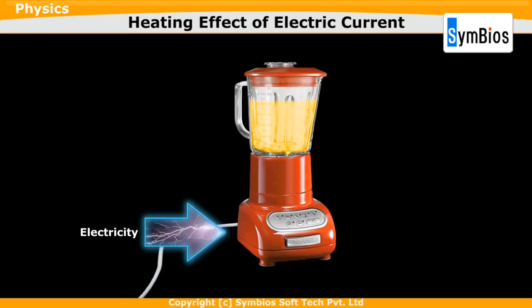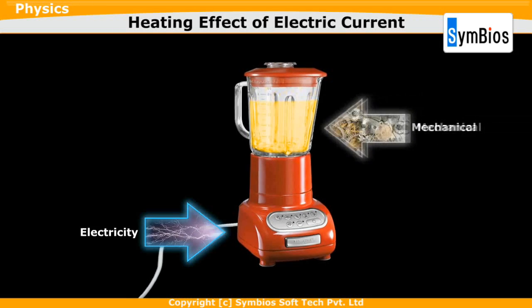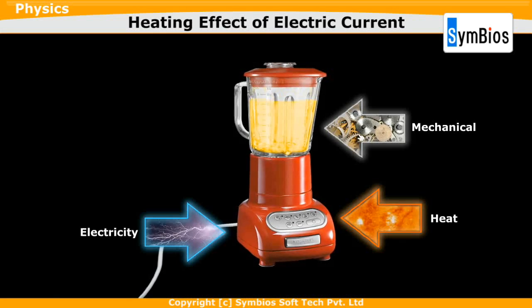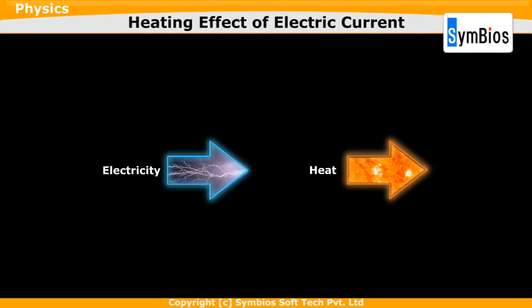Some of the electrical energy supplied to the mixer is used for its mechanical function of rotating the blades, whereas the rest of the energy is released as heat energy, making the mixer warm. This process of transformation of electrical energy into heat energy due to electric current is known as heating effect of the electric current.